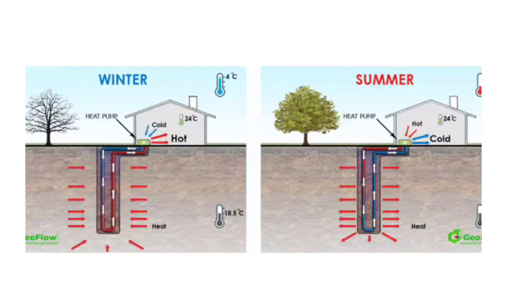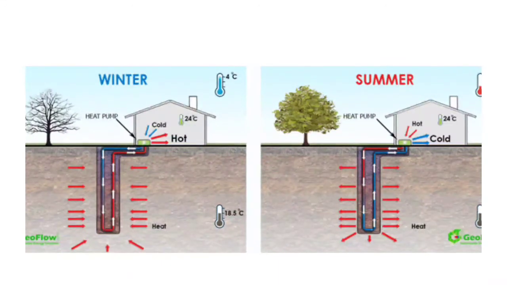During winter, the water circulating inside this geothermal pile will collect the heat from the ground, all right, and then pass it through the heat pump. Now this heat pump will pass it to the secondary circulation, and this will eventually warm the building, all right.